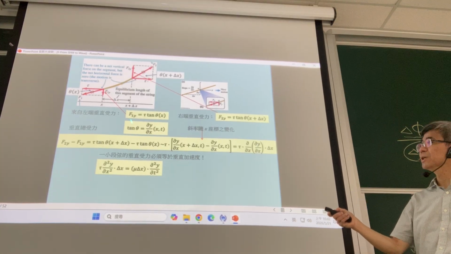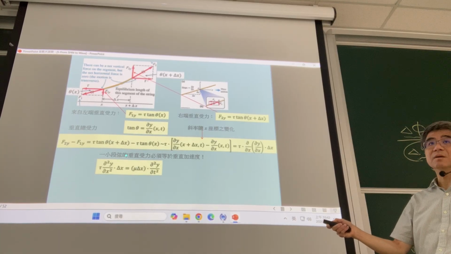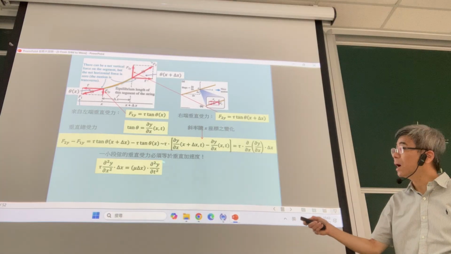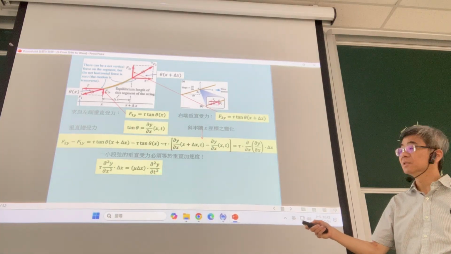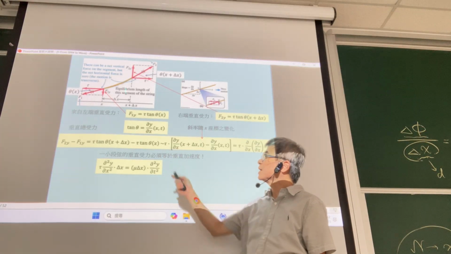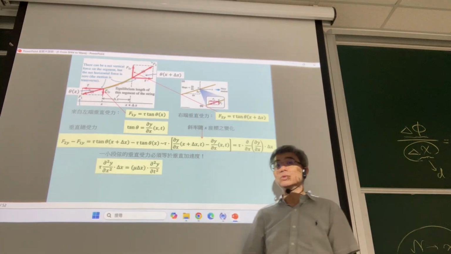Then according to Newton's law, it must be equal to the mass of this segment times the acceleration. The acceleration will be y, taking the second derivative with respect to time. The mass of this segment will be mu times delta x, where mu is the mass per unit length.